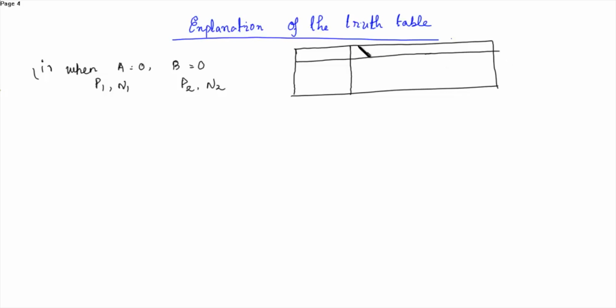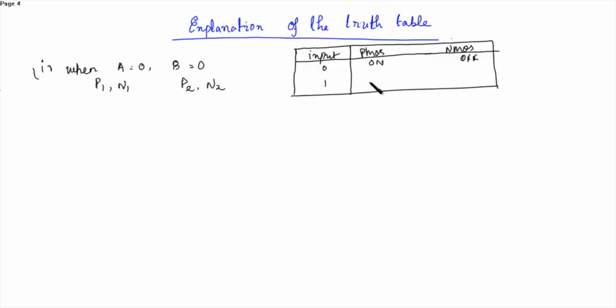Here is the input. Then we have the PMOS and NMOS. This is the PMOS and this is the NMOS. When input is 0, PMOS is on and NMOS is off.